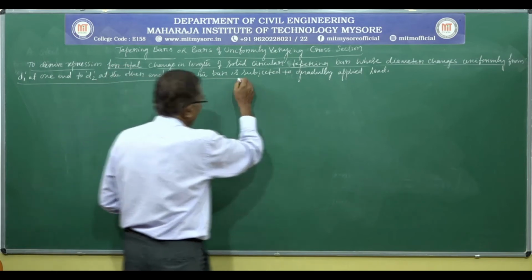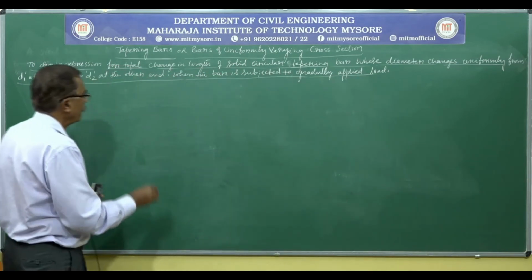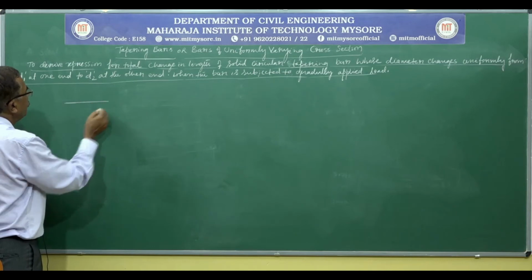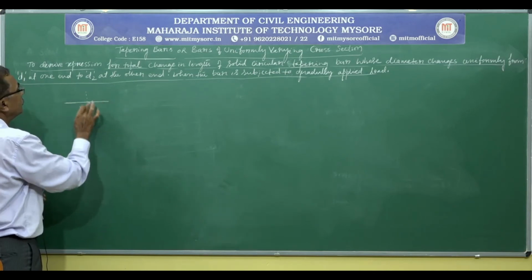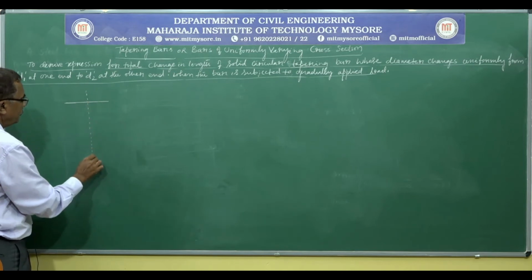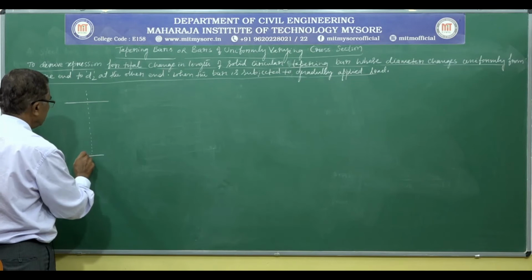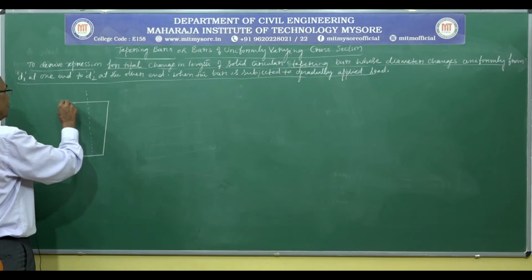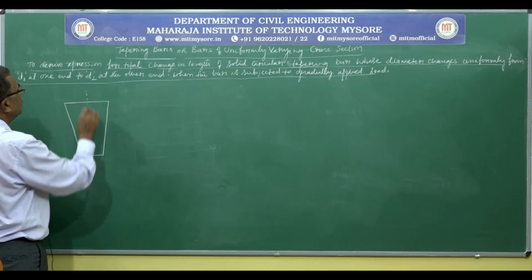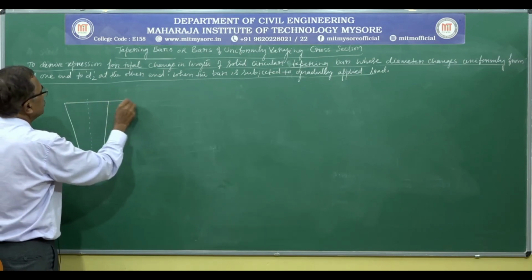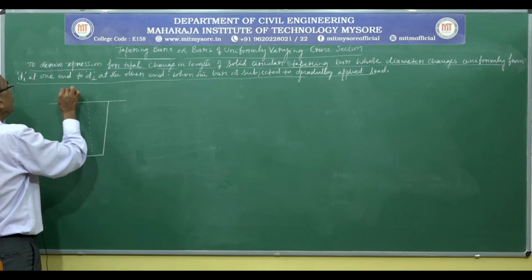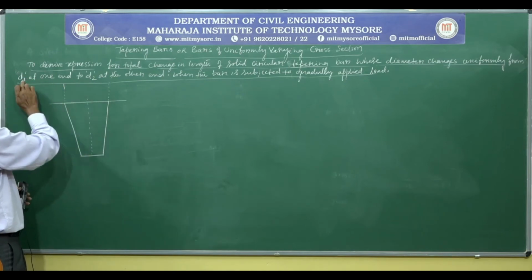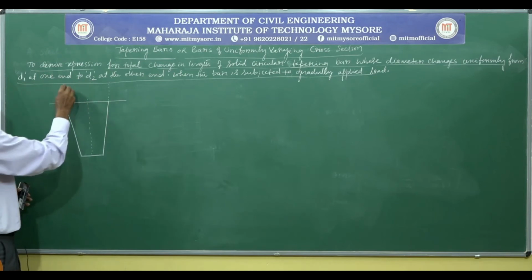Now, let us consider a solid circular tapering bar whose diameter varies from capital D1 to capital D2, or small d1 to small d2.